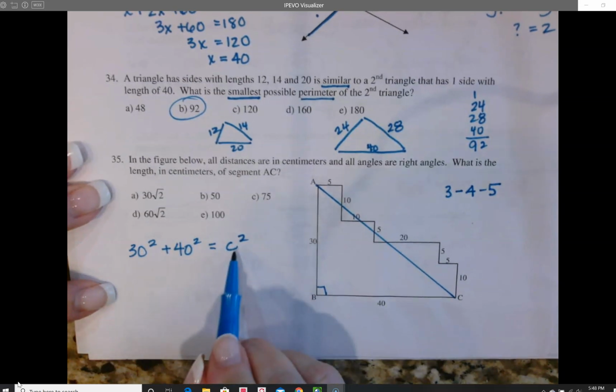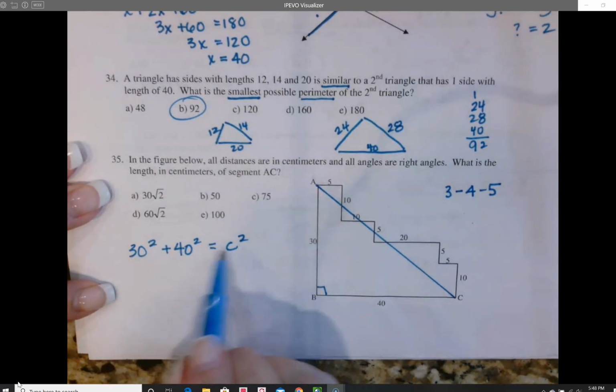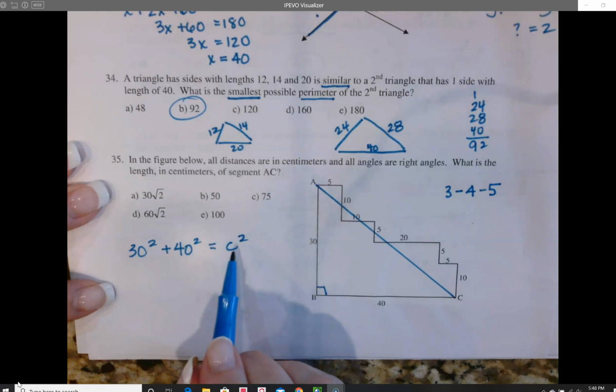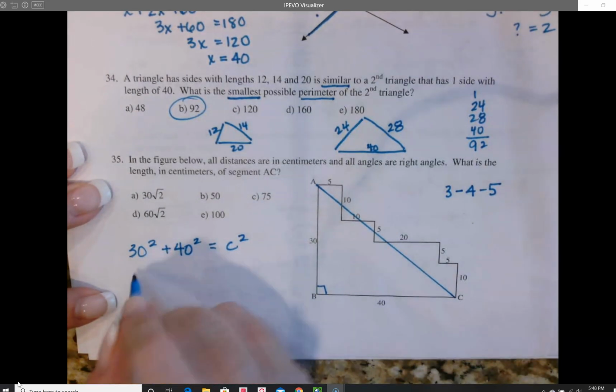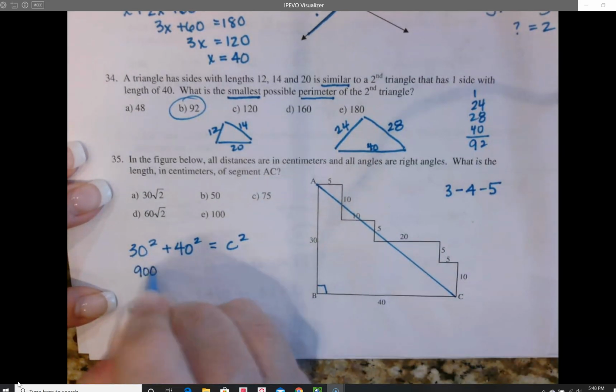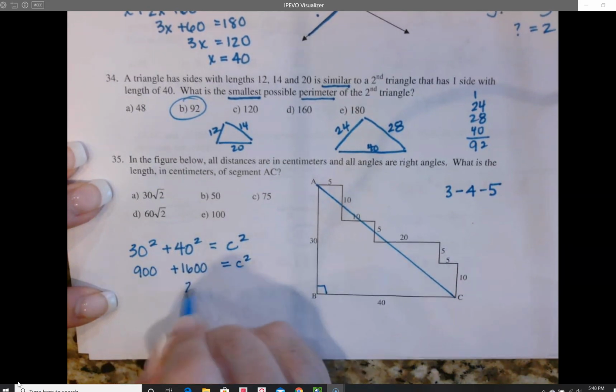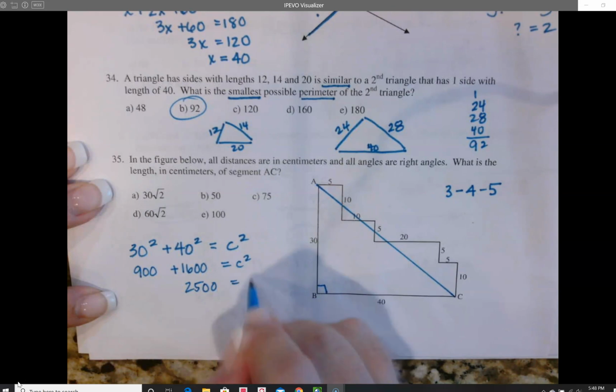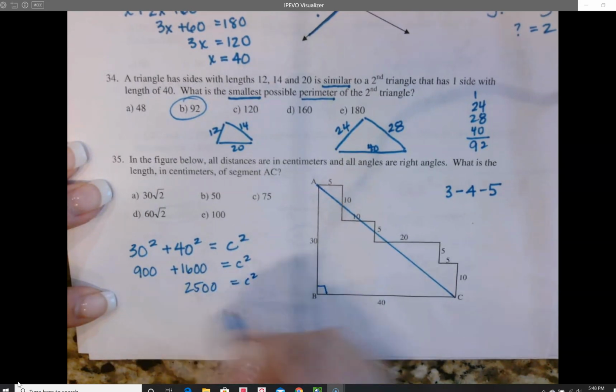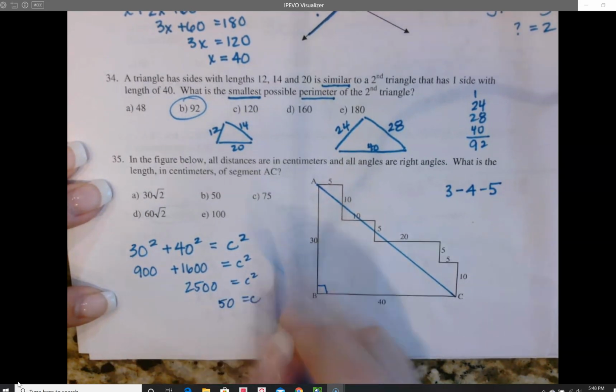So I can just look at this and tell you with a 3, 4, the AC is going to be a 50. If you don't see that right away, you can go 30 squared is 900, 40 squared is 1600. So altogether it's 2500. And when you square root that, you get 50.